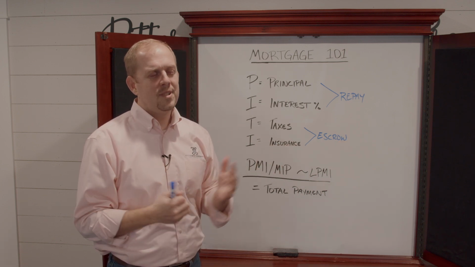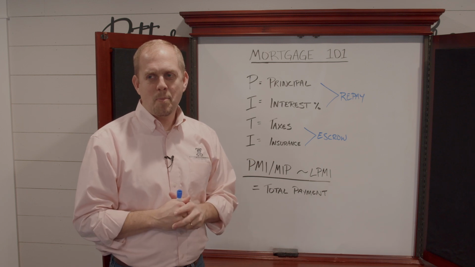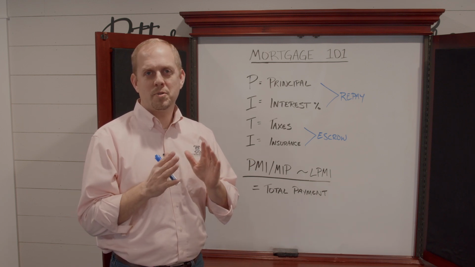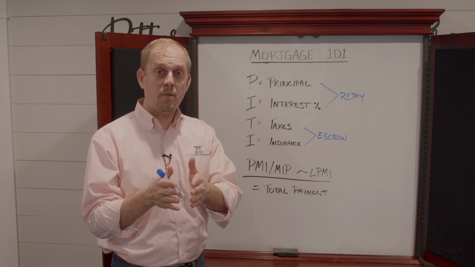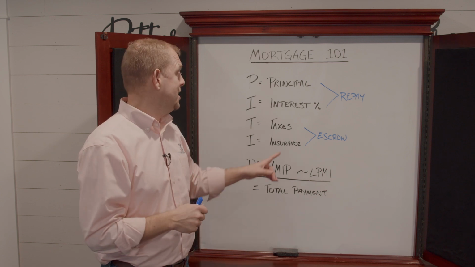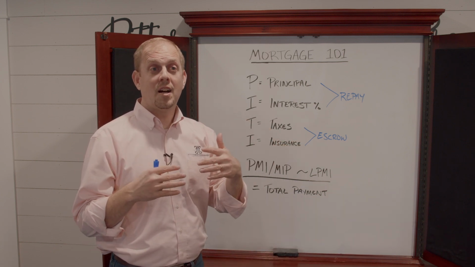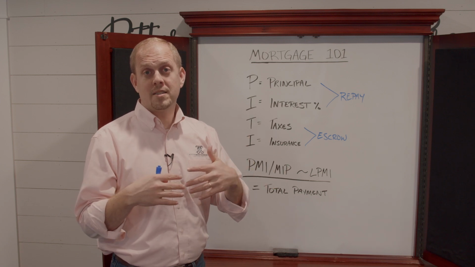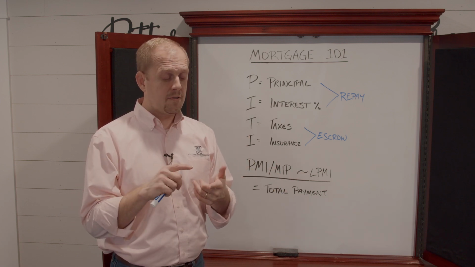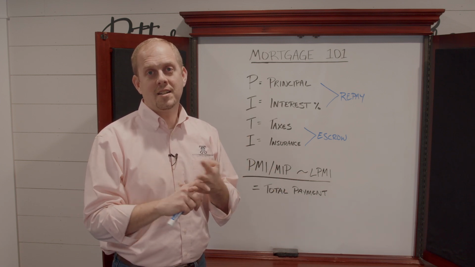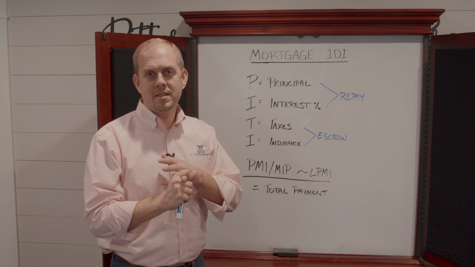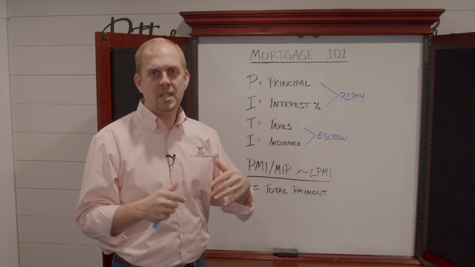Now you might ask, well, why does the bank want to do that? Well, the bank is trying to protect their interest in your property as much as possible. If you fail to pay your property taxes, now again, most of your property taxes go to your local government, so that's helping to pay for schools, infrastructure, all the local government services.